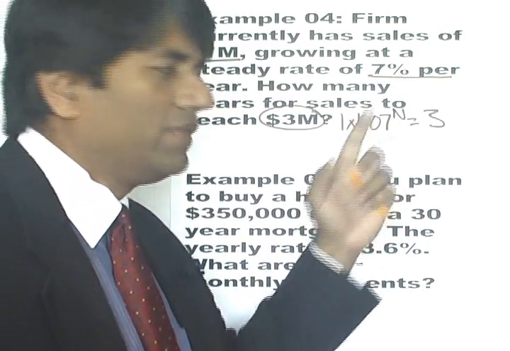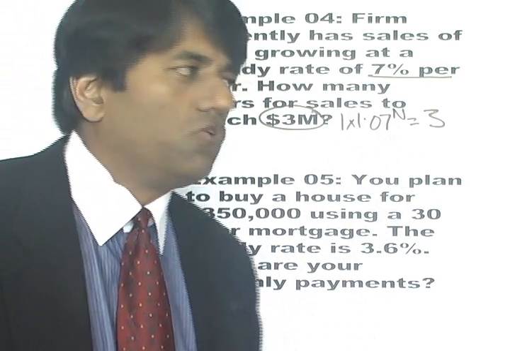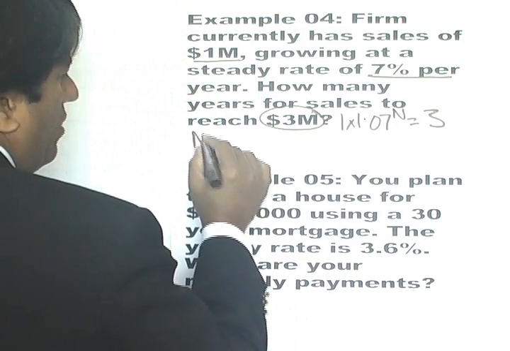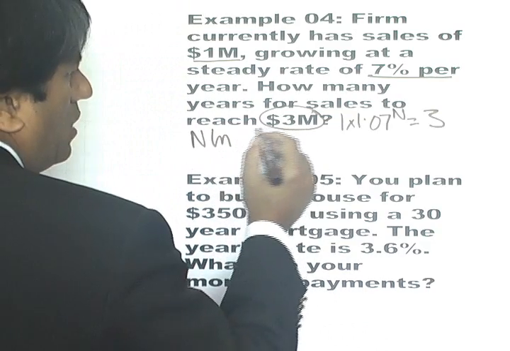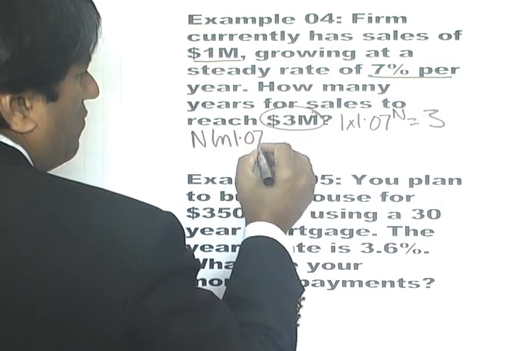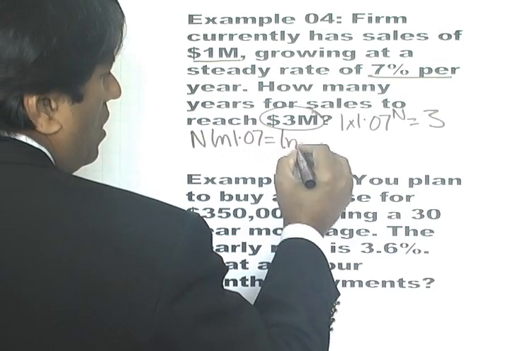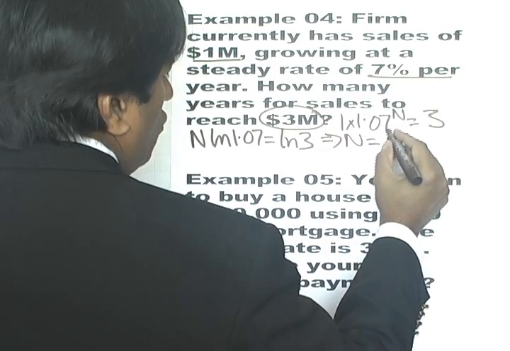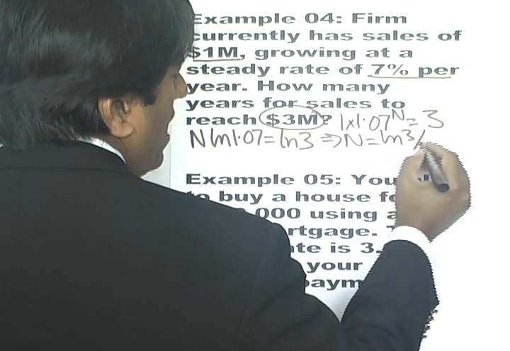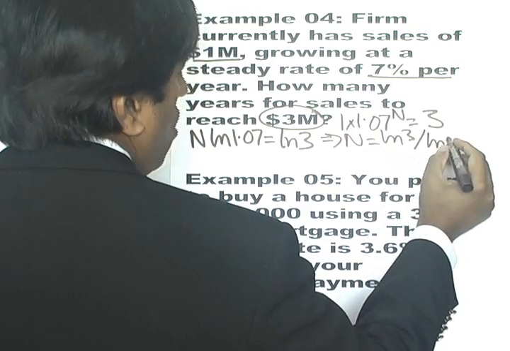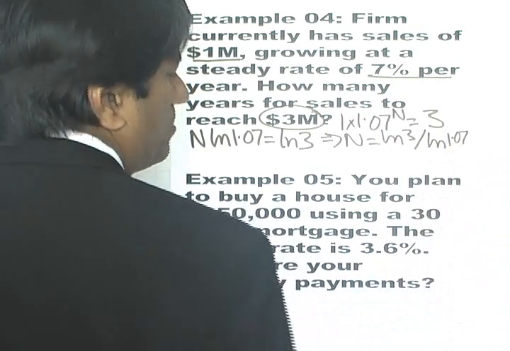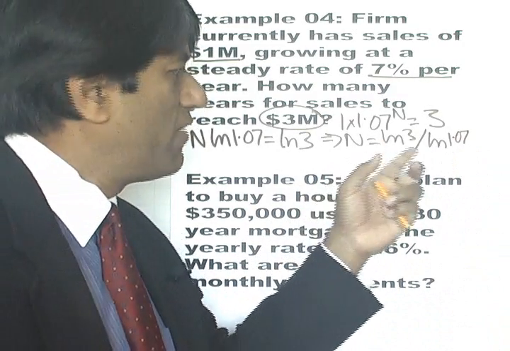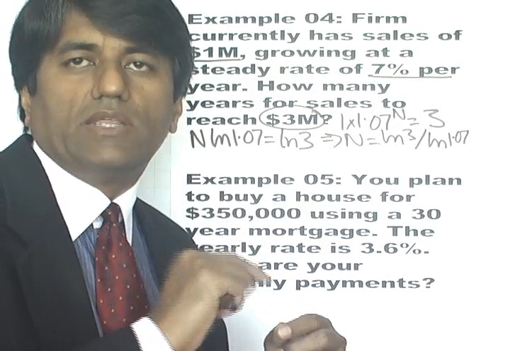And how do you find n from such an equation? Well, what you do is you take the logs of both sides. So you're going to have then n log 1.07 equal to log 3, which will give us n equal to log 3 divided by log 1.07, and this you can find using the log function in your calculator.